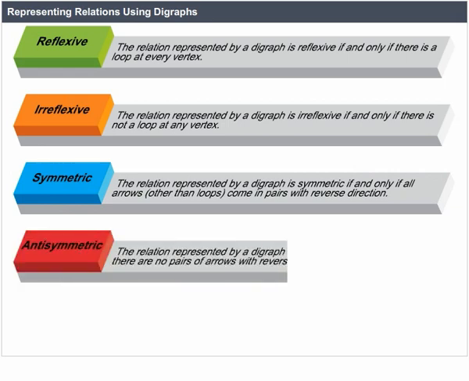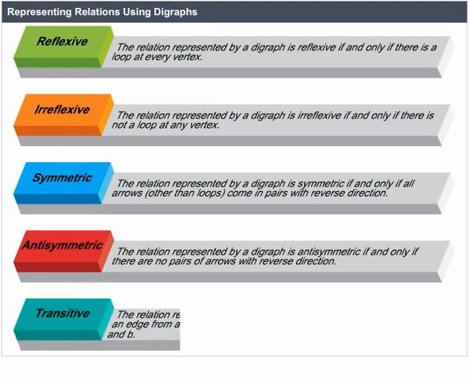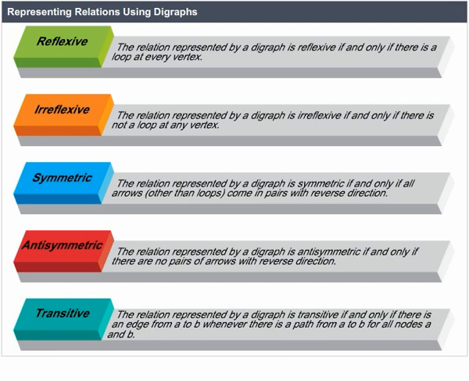Antisymmetric. The relation represented by a digraph is antisymmetric if and only if there are no pairs of arrows with reverse direction. Transitive. The relation represented by a digraph is transitive if and only if there is an edge from A to B whenever there is a path from A to B for all nodes A and B.